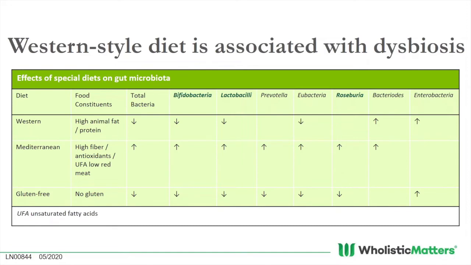But then it's not just these two really general diets. Other specific diets can really start to affect the microbiota. One therapeutic diet that people often use, the gluten-free diet, where they're avoiding gluten-containing foods, can actually decrease total bacteria as well, and specifically have some effects on something like the bifidobacterium.